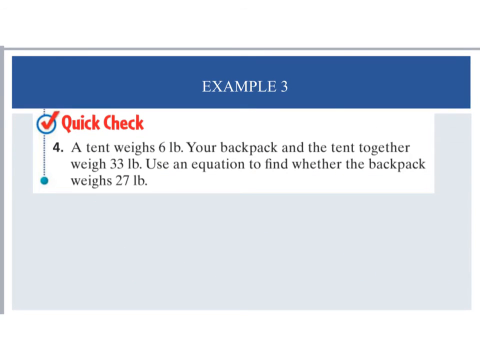For our next example, it says a tent weighs 6 pounds. Your backpack and the tent together weigh 33 pounds. Use an equation to find whether the backpack weighs 27. So we have our tent, which is 6, plus the weight of our backpack. These are supposed to equal 33. And we want to know if the backpack can weigh 27 pounds.